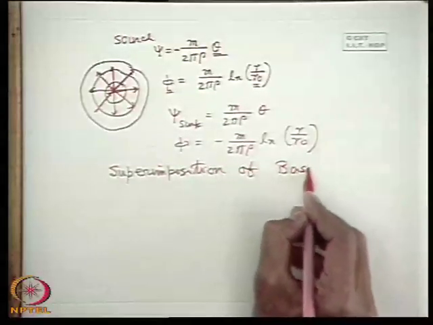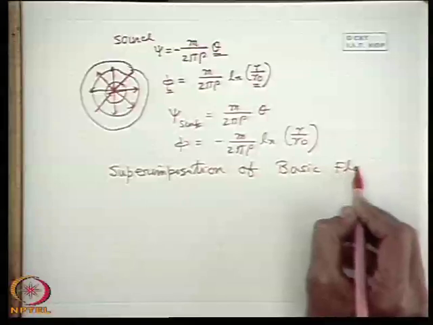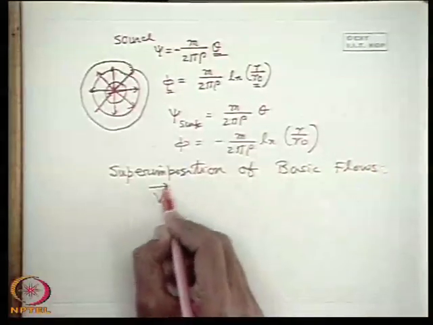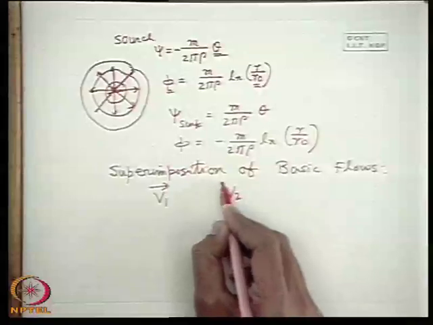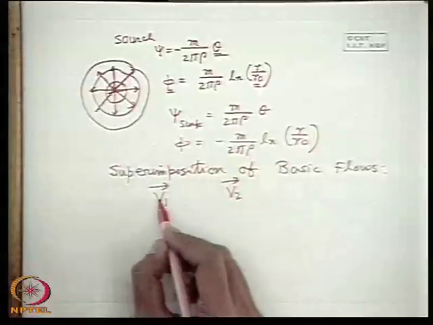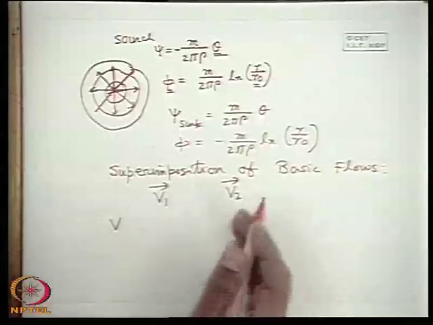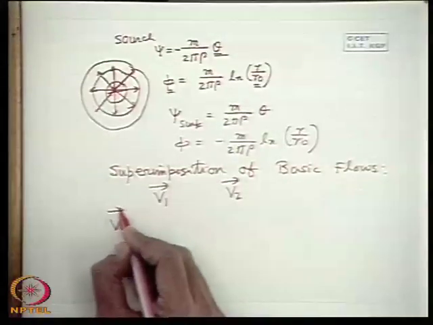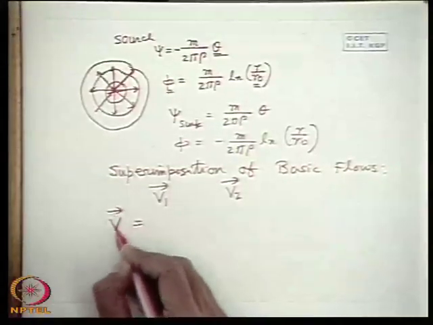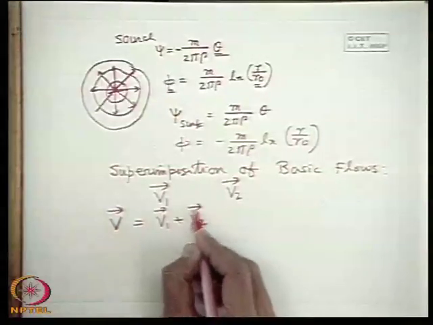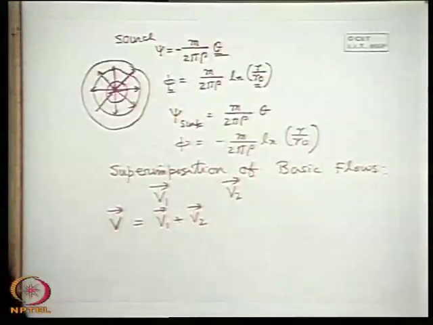One thing you must know is that when two flow fields are superimposed, if the velocity vector of one flow field is v1 and the velocity vector of another flow field is v2, then the resultant velocity of the flow field will be the vector addition of these two velocity vectors.